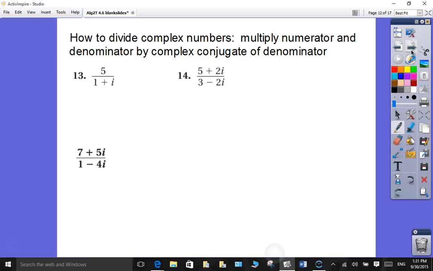So in the first one, it'll look like this. 1 minus I over 1 minus I. And in the numerator, that's a distributive, right? 5 minus 5i. Pretty straightforward.